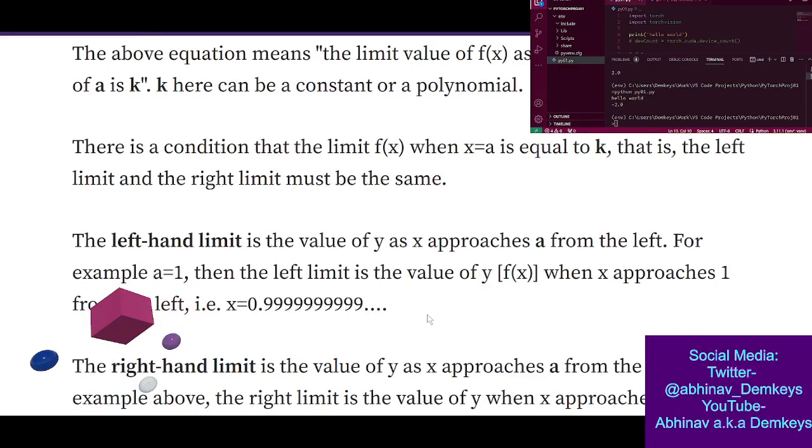The left-hand limit is the value of y as x approaches a from the left. Hold on, I need to read this properly. Okay.